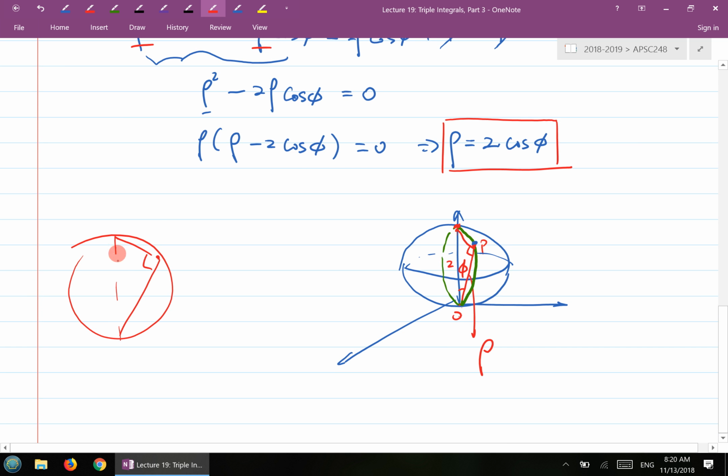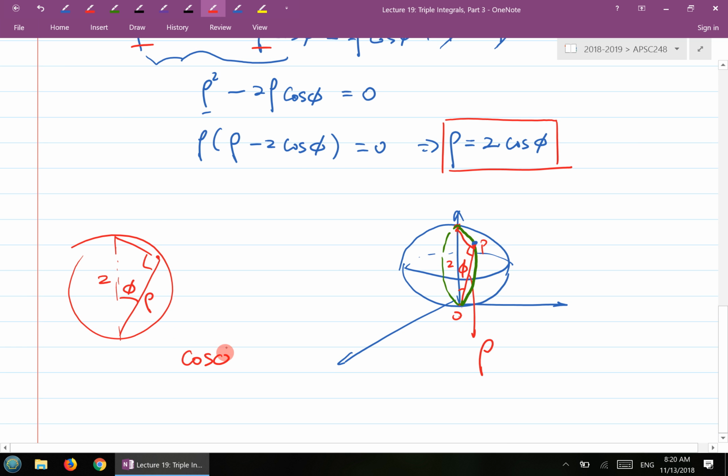So here's a 2, here's a rho, and here's a phi. Make sense? And this is a general point we have picked on the surface of the sphere, right? So then what's the connection between this rho and phi by looking at this right triangle?